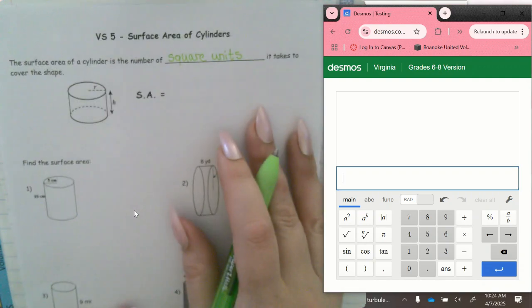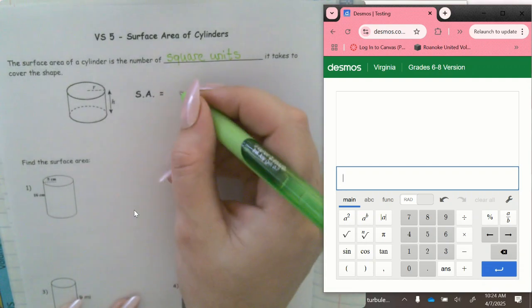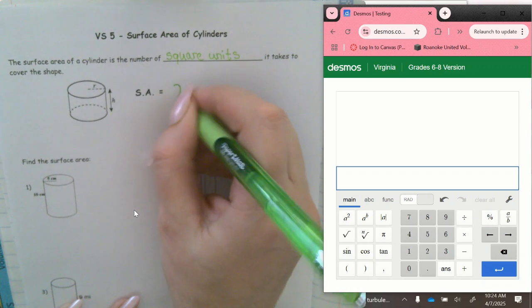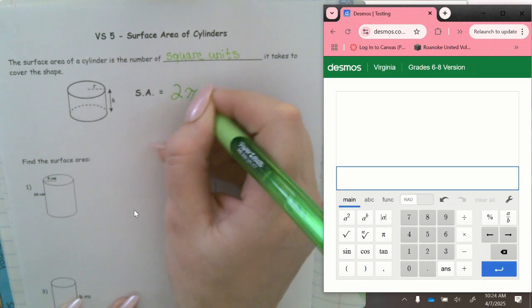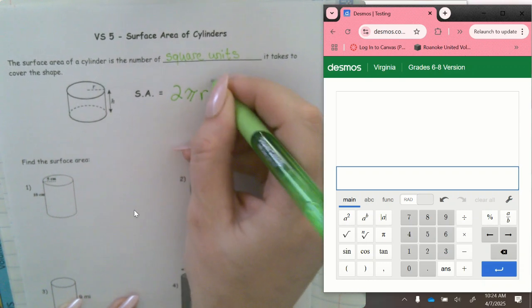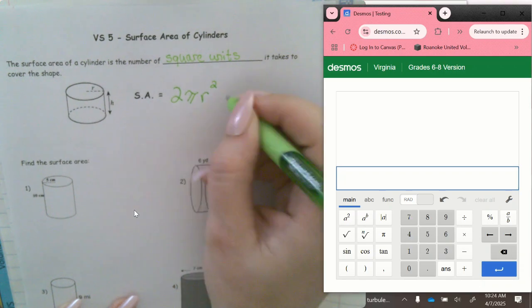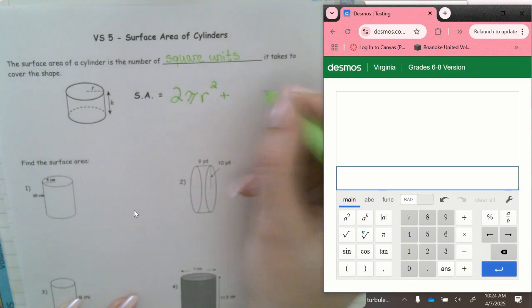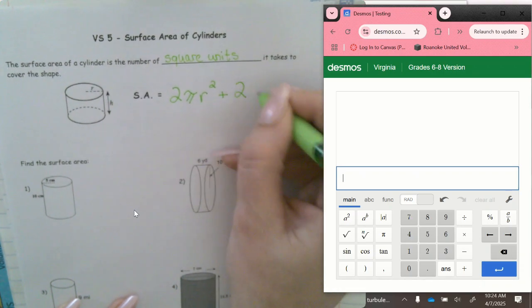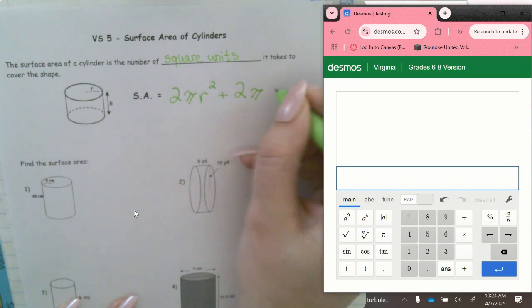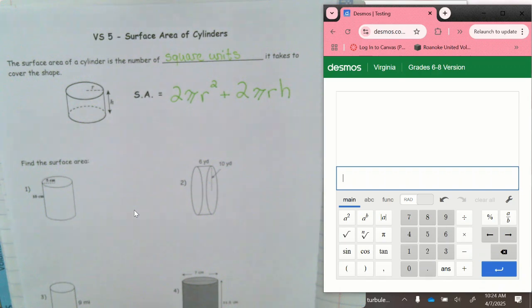So your formula, and this is straight from your formula sheet, 2 pi r squared plus 2 pi r h. If you've noticed, when we're dealing with surface area, we tend to have addition in our formula because you are adding the different surfaces together.